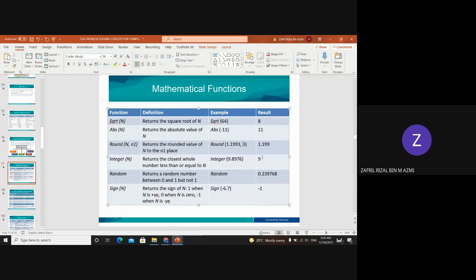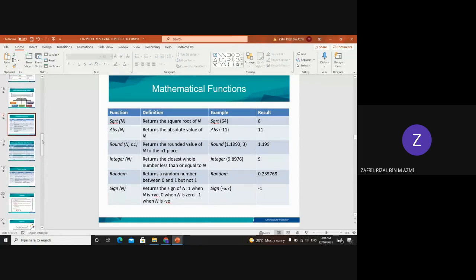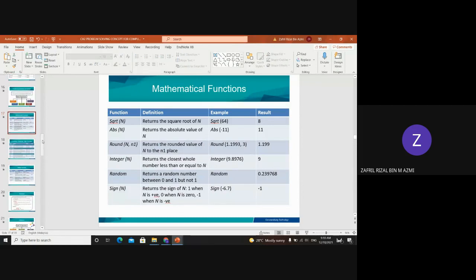Alright, so we have random. We have sign. You read the description to know how to use it. Any question class regarding mathematical function? As I said, this is just an example. There are, if not 1,000, maybe hundreds of mathematical functions inside the C library.